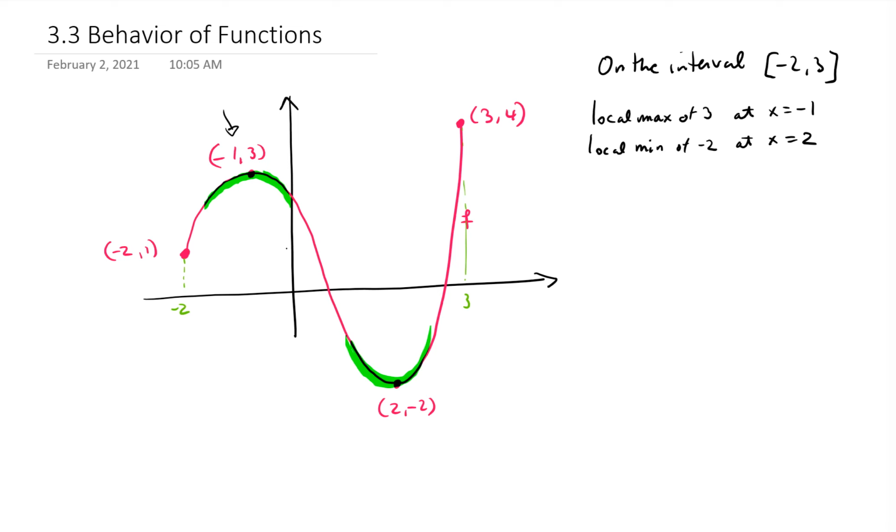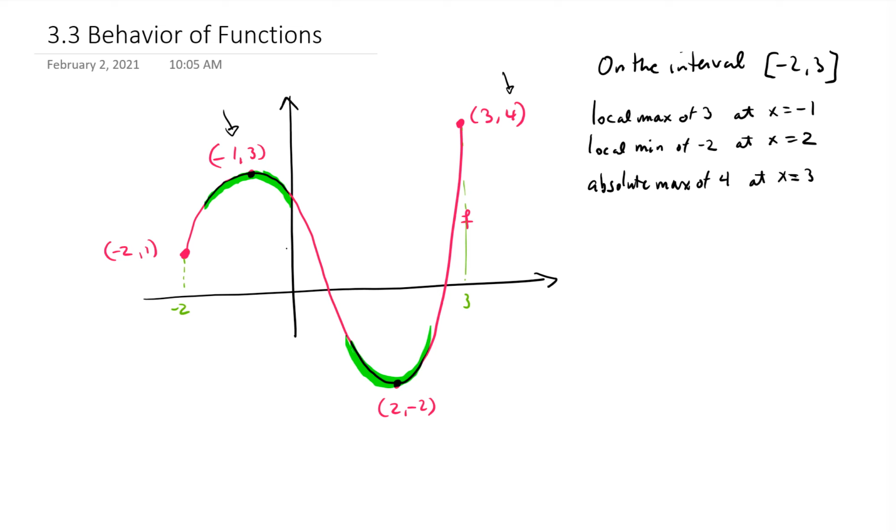But if you look at the entire curve, it's 4, which is the highest value. So we're going to call this the absolute max. So absolute max of 4 at x equals 3.